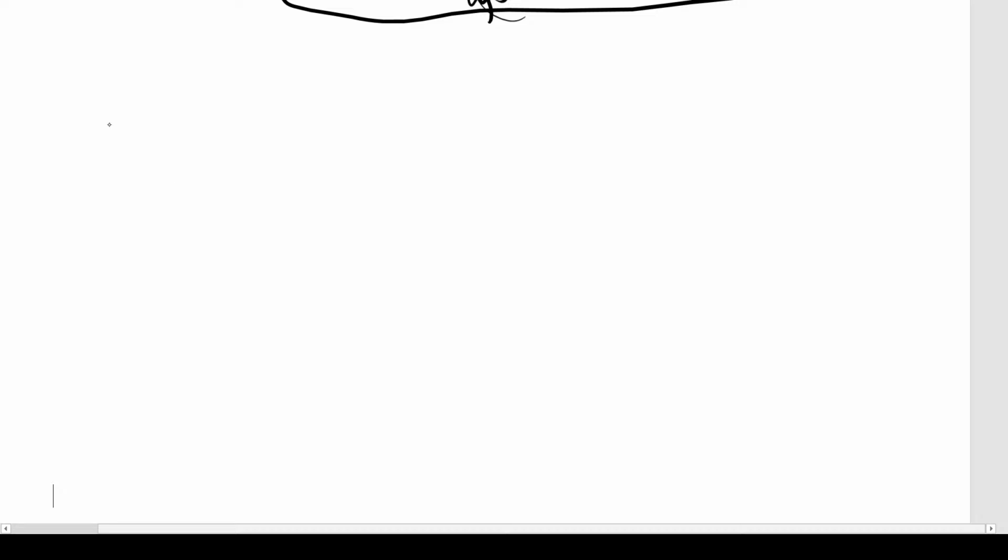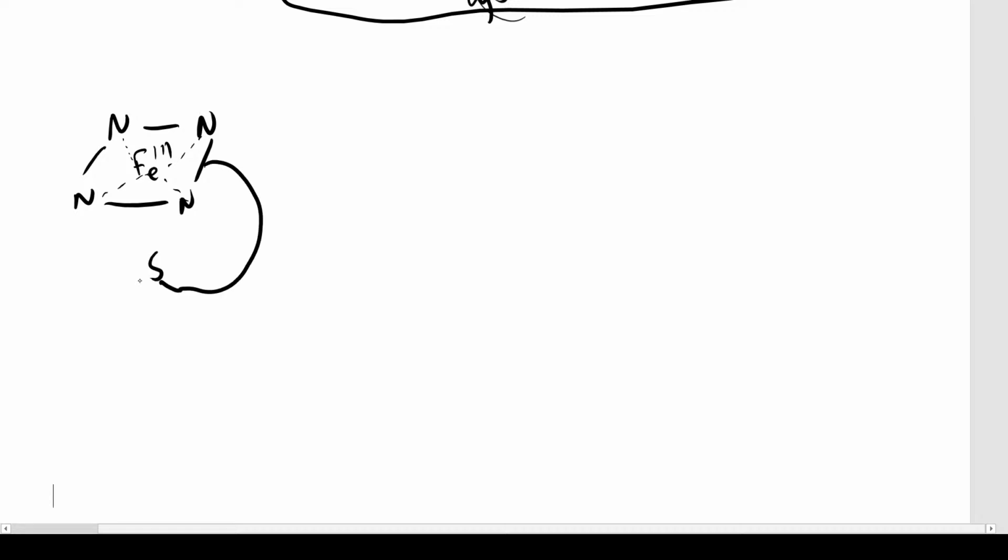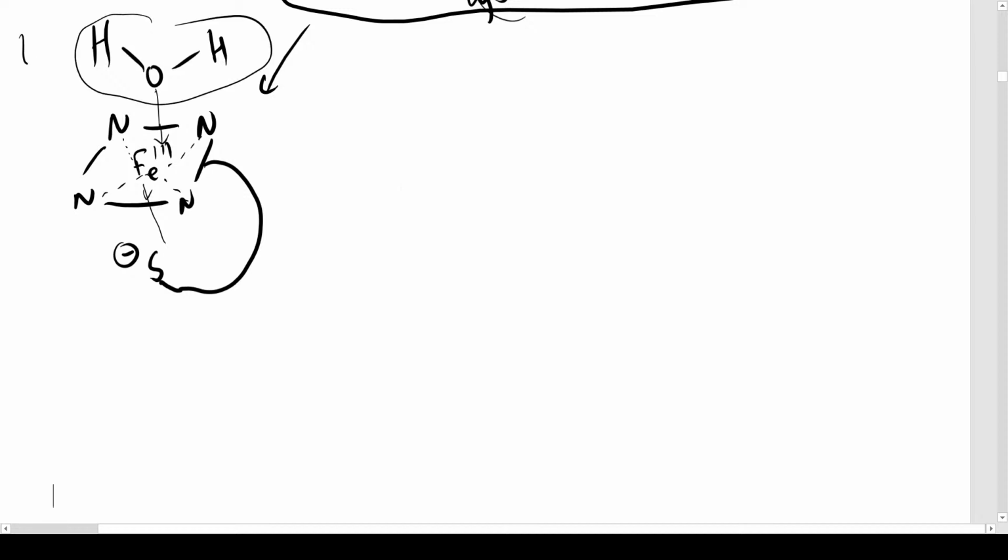A square like this, porphyrin, iron free. It's the same representation. What you have to know here is that this water is labile, meaning you can remove it.